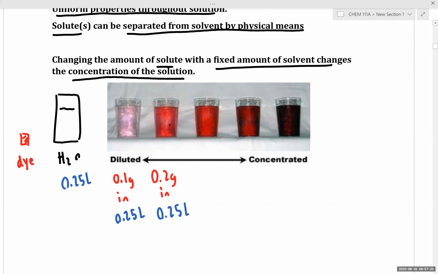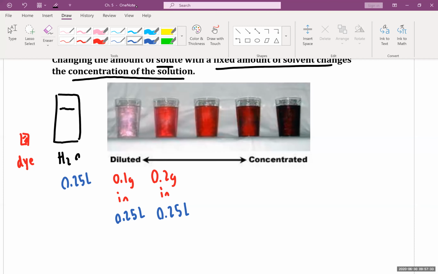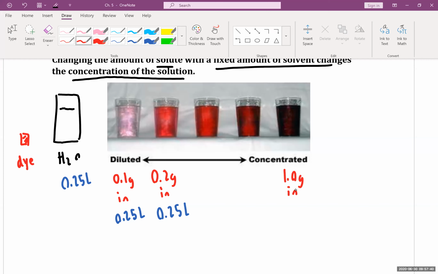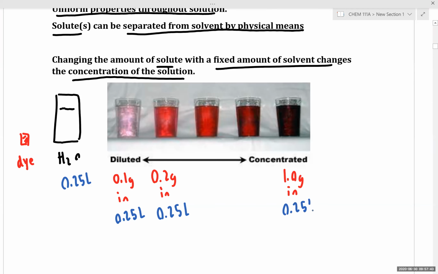As we can clearly see, the more solute that we add, the darker and the more opaque the solution color becomes. So as you can see, we can add different amounts of solute to generate solutions with different concentrations. And we can clearly see the difference in solution concentration as the solution with a greater amount of solute, in this case, has a much darker, more pronounced color.